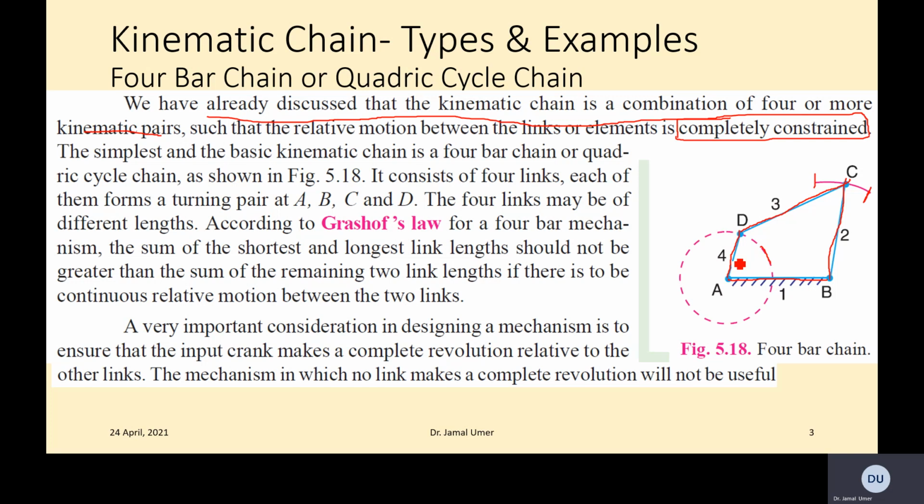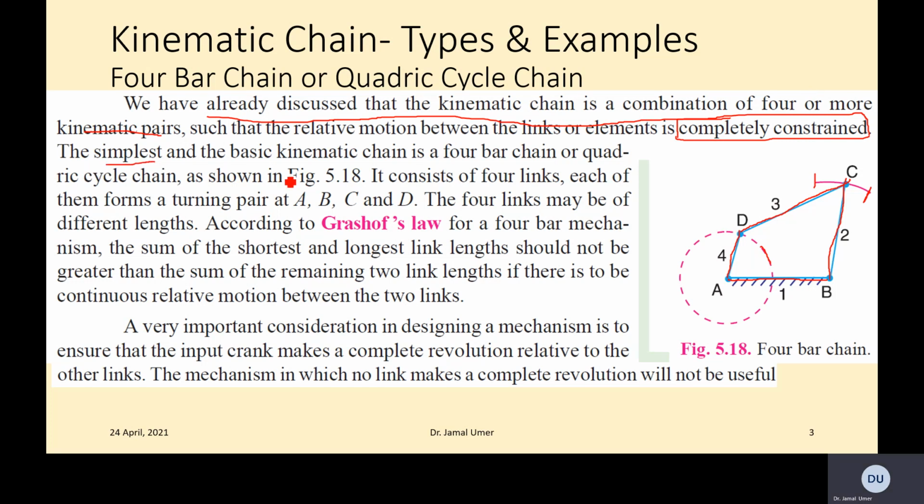If you have a combination of links in such a way that the motion is not constrained, as in some examples we did in the last lecture, where some of the mechanisms, when you solve them, you find they are not completely constrained, then we are unlikely to get any useful work from them. That's the understanding. In this 4-bar chain or quadric cyclic chain, the motion is completely constrained, so basically we are getting some useful work.